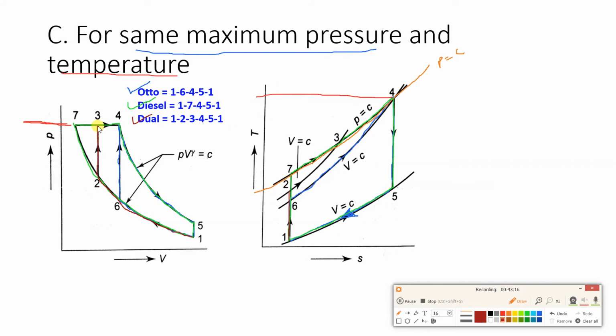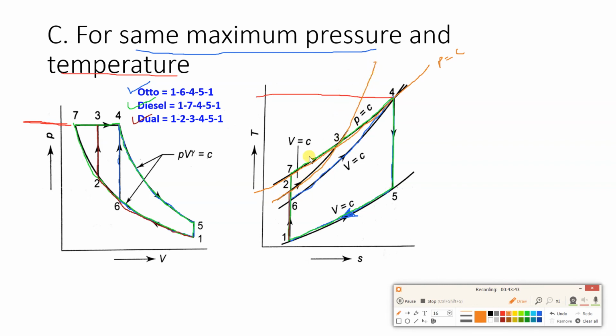Now here you can see the pressure at 3 and 4 is the same as the highest pressure. In the case of the dual cycle, it becomes the same as the Otto and diesel cycles. So from this point number 2, I'll draw the volume equal to constant curve. Here you can see this curve is the volume equal to constant curve.